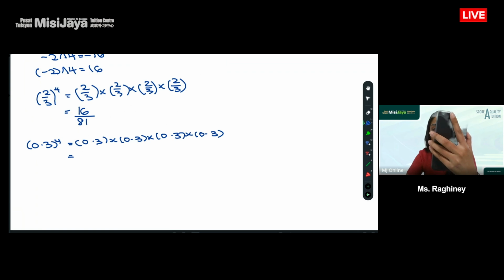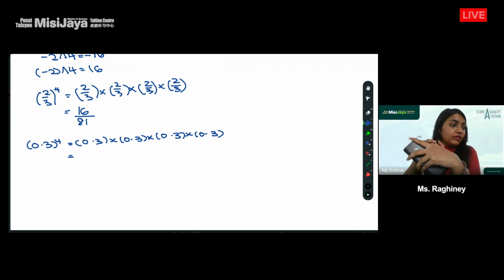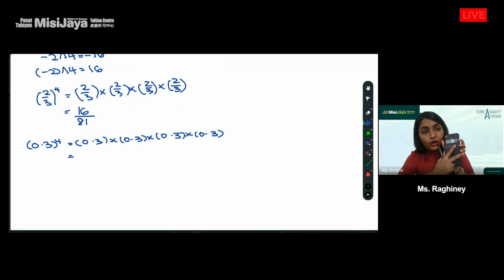Pressing the fraction button changes it to a fraction. How if I want a decimal, 0.00 something? See the mode button next to your on button? Press mode until you get norm. Press norm, number 3. It's going to ask you norm 1 or 2. Click 2. You'll get your decimal answer.